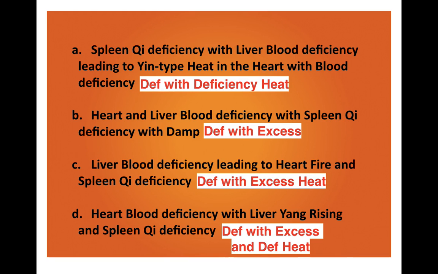Why deficiency heat? Because we have yin deficiency underlying, right? So I know that a couple of you might be thinking out there, yeah, but yin deficiency doesn't always mean deficiency heat. Well, in yin deficiency, the heat part is implied. And when you look at CAM, it does not differentiate between when you have yin deficiency and when the heat symptoms start to really ramp up.